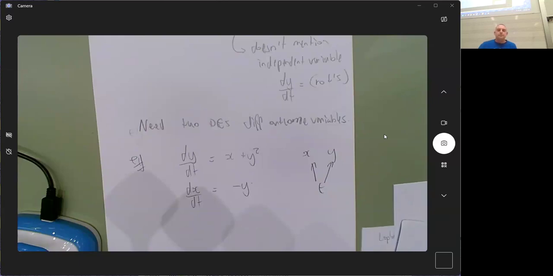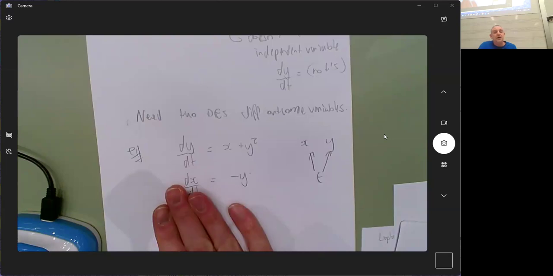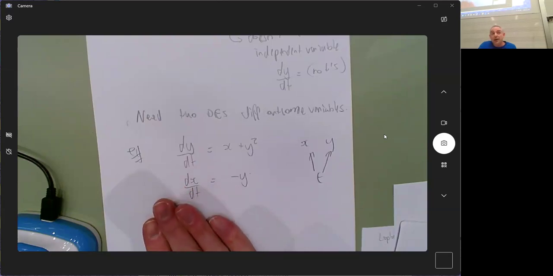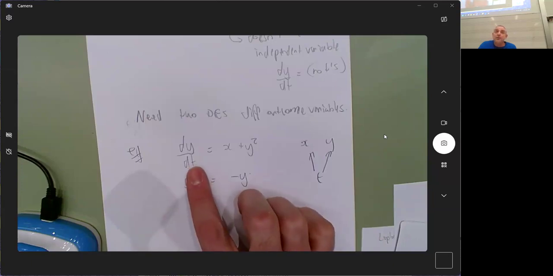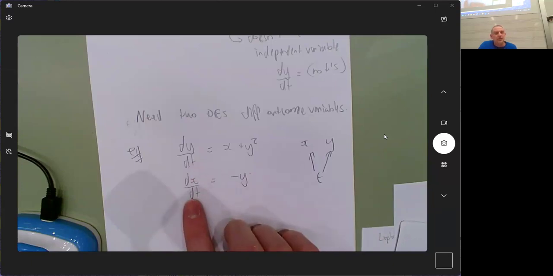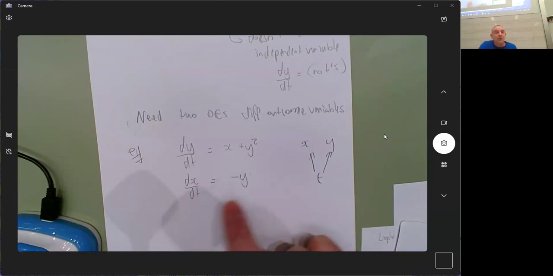So what this means is that for every choice of x and y, there is a way of figuring out the rate of change of y with respect to time, and separately the rate of change of x with respect to time, using the individual point.